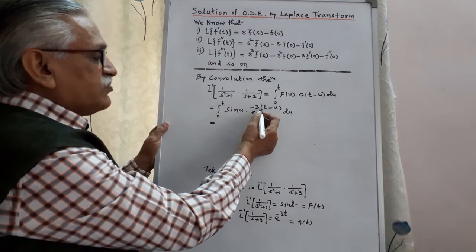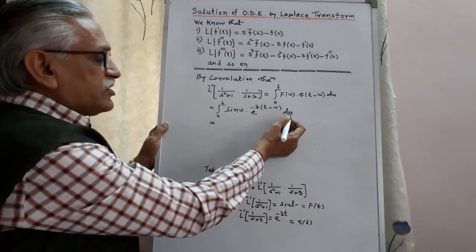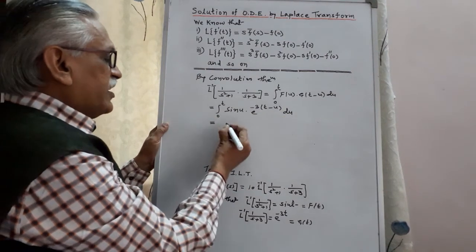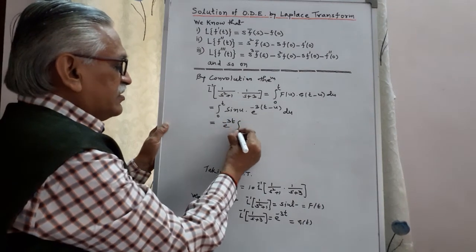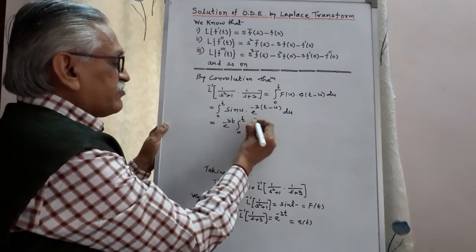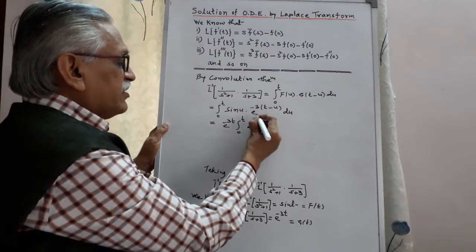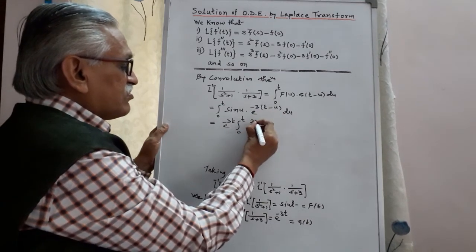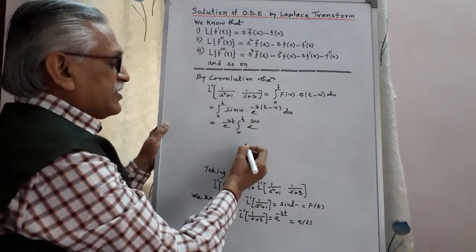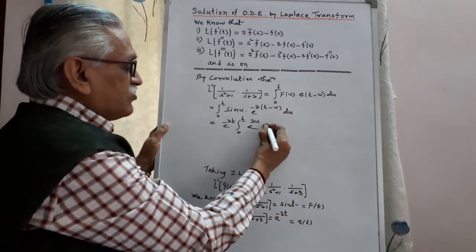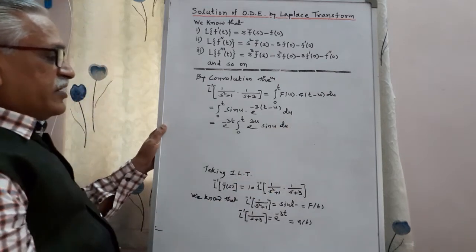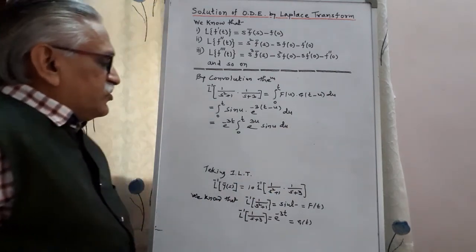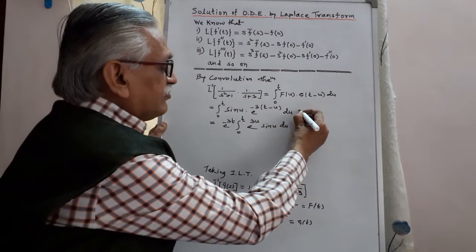Out of that, e raised to minus 3t is constant with respect to u, so we take it outside. Therefore, it is e raised to minus 3t outside, integral from 0 to t, remaining is e raised to 3u, minus becomes plus, into sine of u du.